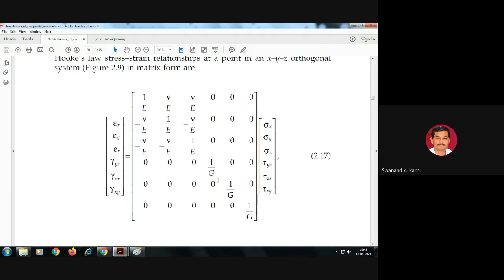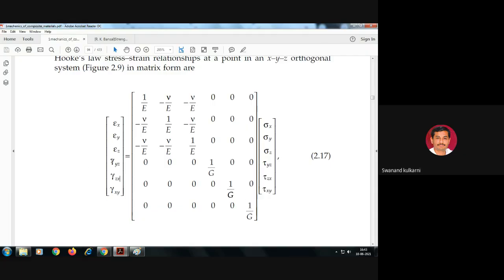Taking shear stress upon shear strain, the answer is equal to the shear modulus, which is the same for gamma zx and tau zx, gamma xy and tau xy.